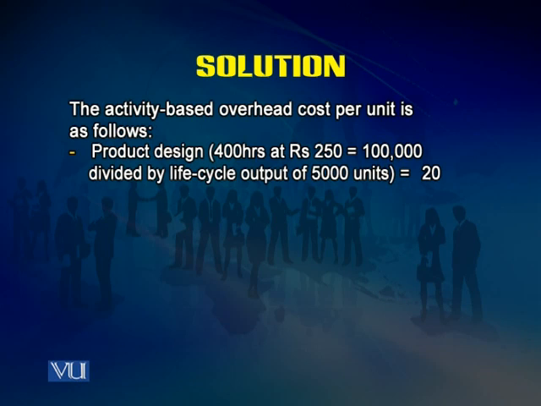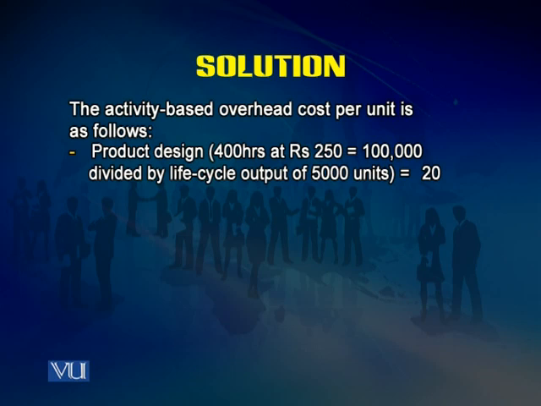So we are going to divide 100,000 by 5,000 to get the per unit cost of product design. This gives 20 per unit as the cost of product design over the life cycle of the product.